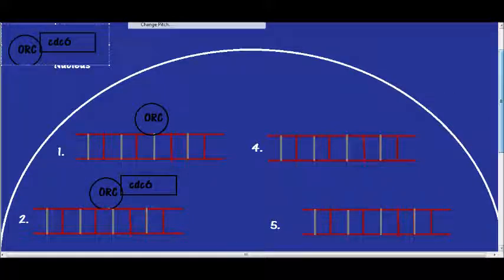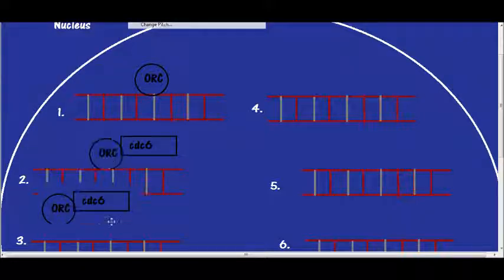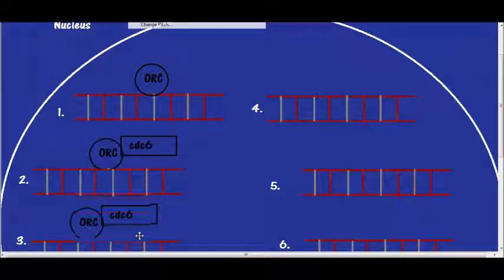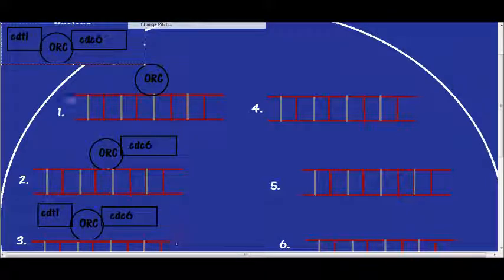The binding of CDC6 is important because CDC6 recruits CDT1 and allows it to bind to the ORC complex. And so we'll demonstrate that down here, as this complex binds, thereby completing the pre-replication complex.